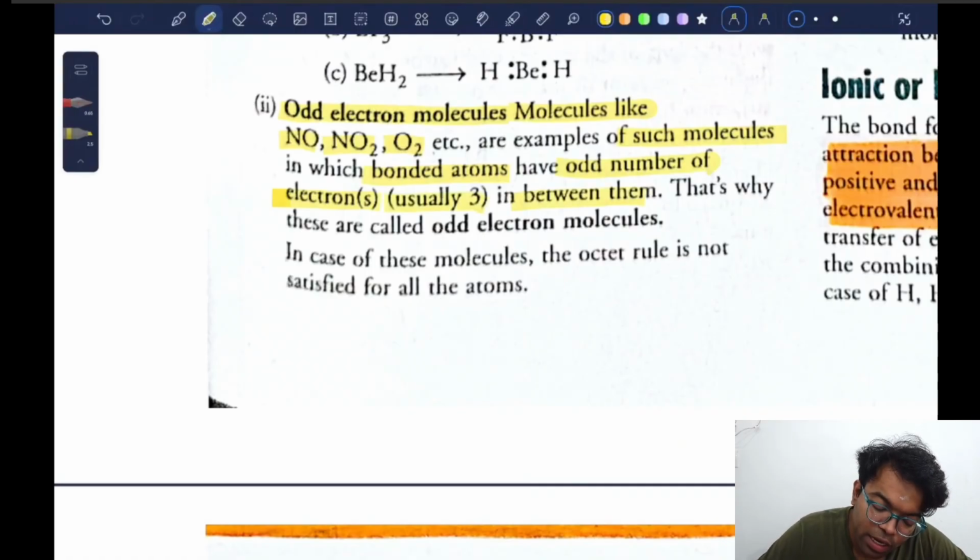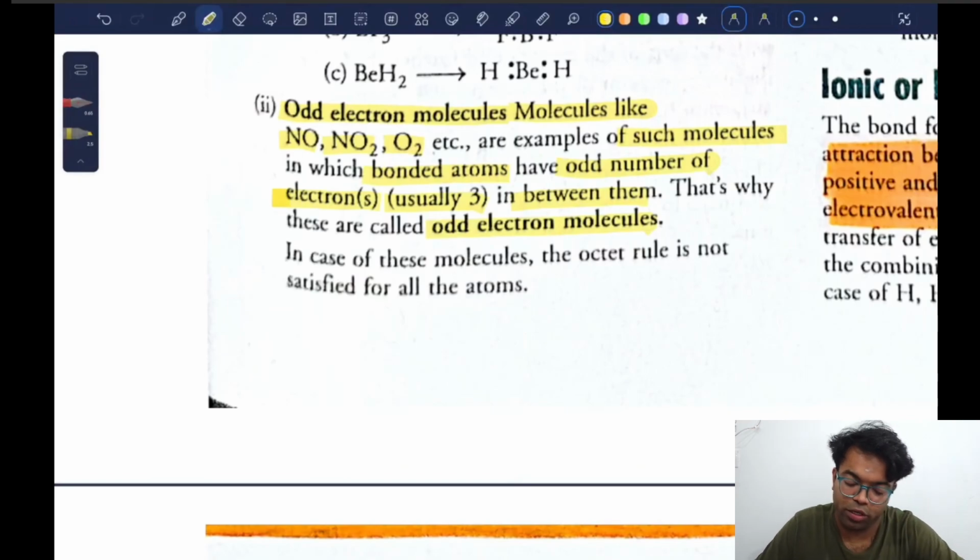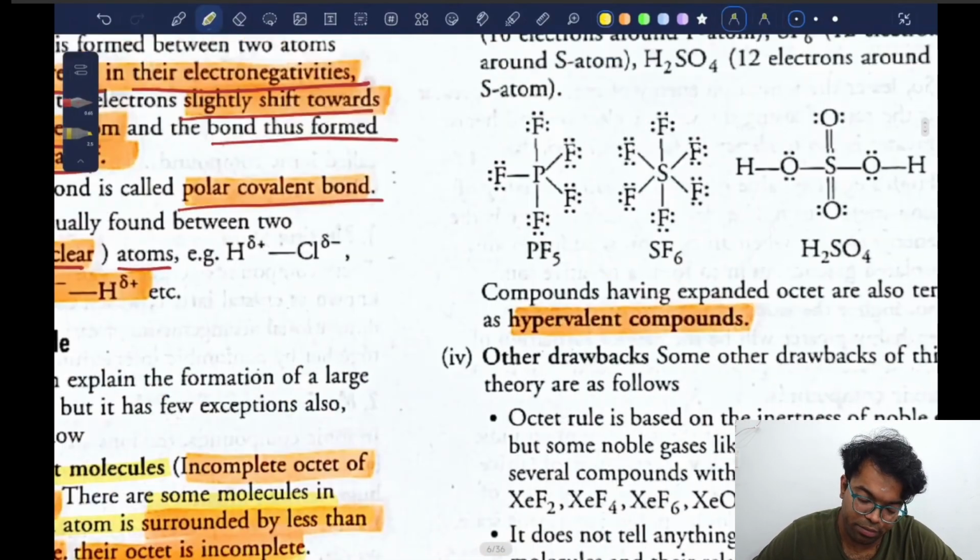That's why they are called odd electron molecules. Again I'm repeating myself: NO, NO2 and O2 etc. are examples of such molecules in which the bonded atoms have an odd number of electrons, usually 3 in between them. In the case of these molecules, the octet rule is not satisfied for all the atoms.